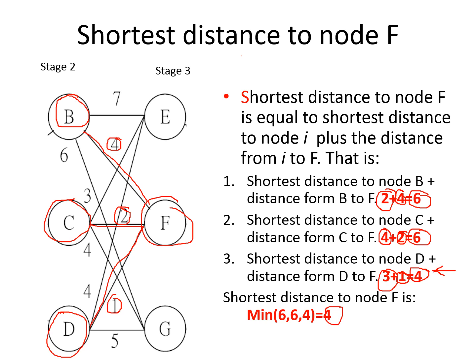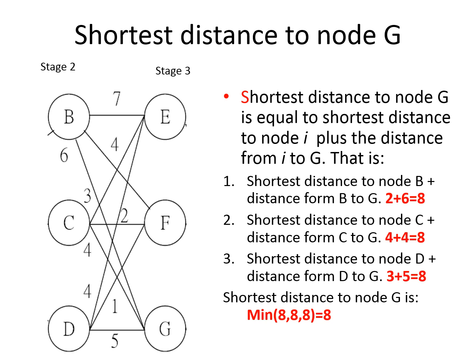The next slide is the same exact calculations, but repeated for node G. If you're in stage 3 in state G, you could be coming from stage 2 in state B, state C, or state D. The shortest distance to state G through B is the shortest distance to B plus the distance from B to G, which is 6.